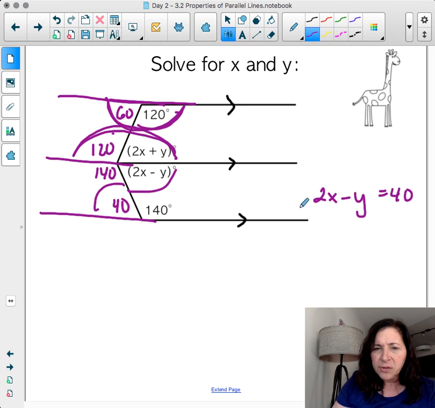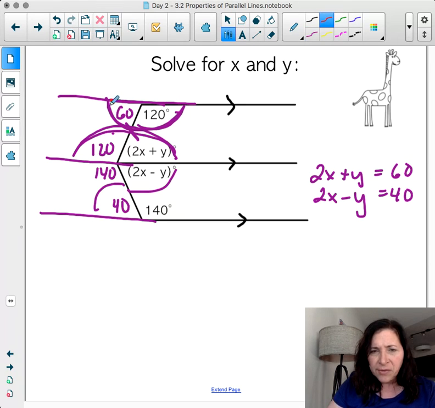And so you also can say that, or I can also say that these are, let's see, alternate interior angles. I'm going to go that route and say 2x plus y is equal to 60 degrees. What I just did was I said 60 and 2x plus y are alternate interior angles.